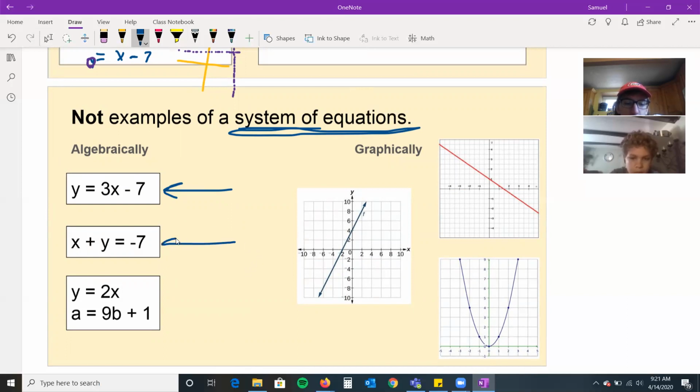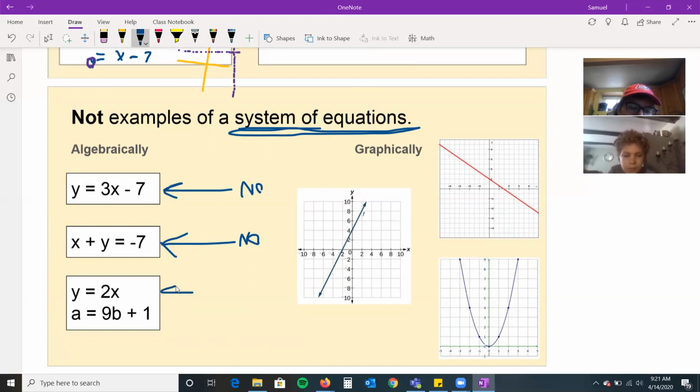This one is in some other form. It's called standard form, but you'll learn more about that next year. So that one's in standard form, but there is, again, no other equation. So it's not a system of equations, right? Not a system of equation. And then this one, oh wait, this one has two equations. But this one says y equals 2x.